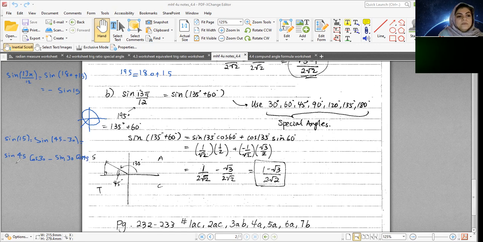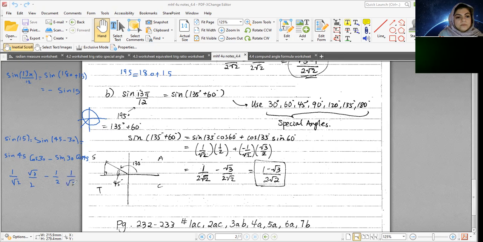Now, sine of 45, we did it before, is 1 over square root of 2. Cosine of 30 is square root of 3 over 2. Minus, this one is what? 1 over 2. Cosine 45 is 1 over square root of 2.